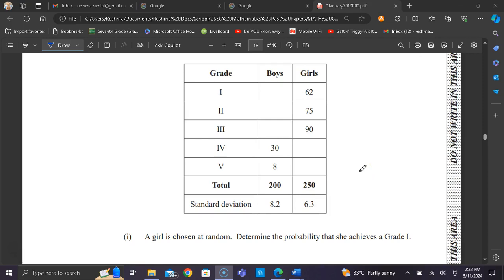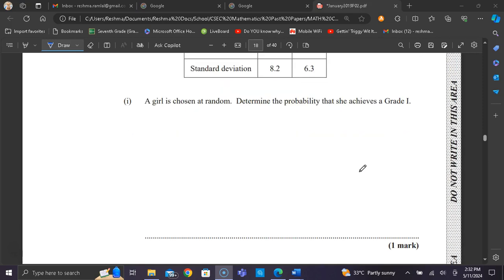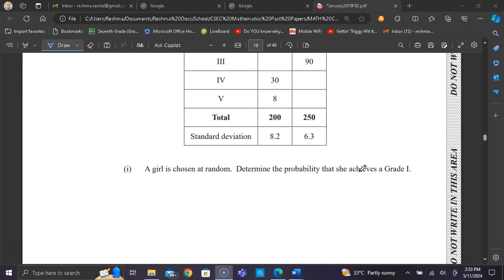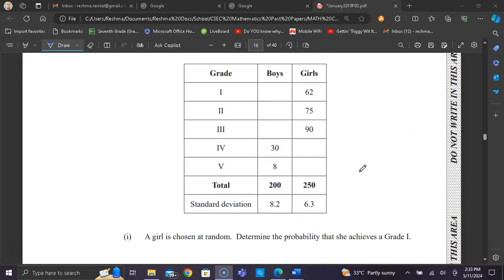So for part 1, for 1 mark, we have to determine the probability that a girl chosen at random achieves a grade 1. So if you go up to the table, the number of girls who achieved a grade 1 is 62, and the total number of girls is 250.